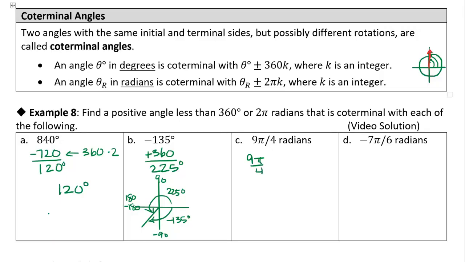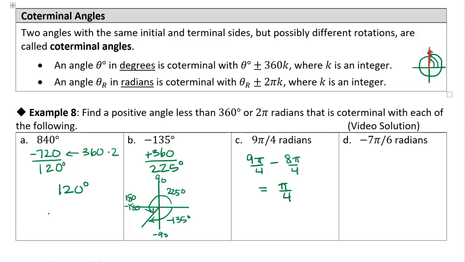But I need a common denominator when I subtract, so I'm going to subtract 8 pi over 4, which is just 2 pi. What do I get? I get pi over 4. So pi over 4 is coterminal with 9 pi over 4.